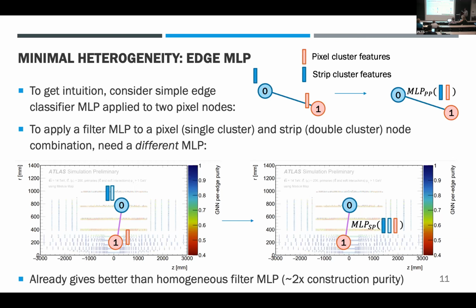So let's imagine trying to predict whether a pixel to pixel edge is true or not. We simply take our two sets of space points and we encode them along the edge. But of course, when we're going from pixel to strip, we now have one set of cluster features on our pixel node and two sets of cluster features on our strip node. So even just dimensionally, we can't use the same MLP as we did for pixel-pixel. So this is kind of blocking.